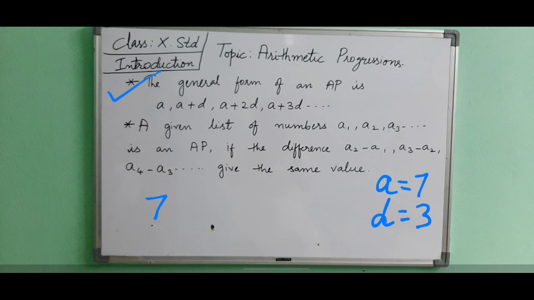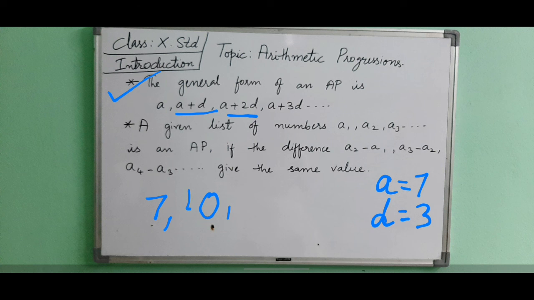So we can write infinitely many numbers here. First number is 7, then the second number is A plus D, which is 7 plus 3, which is 10. Then the third number, A plus 2D. 2D is 2 into 3, 2 threes are 6.